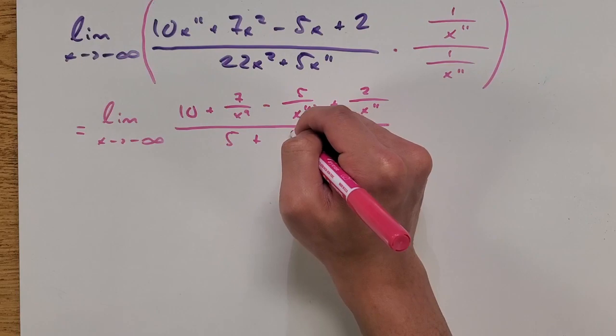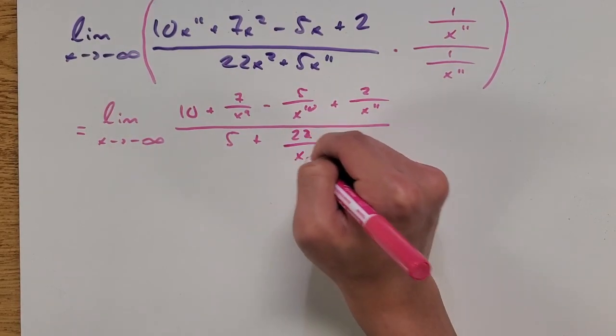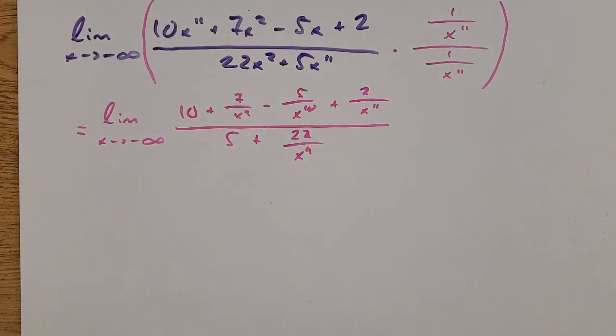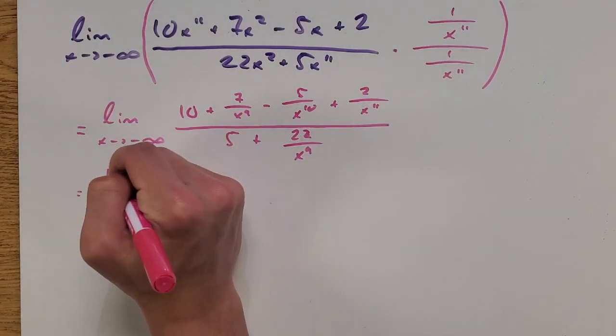Now we will plug in negative infinity and then simplify. This will let us apply our special rules to find the answer.